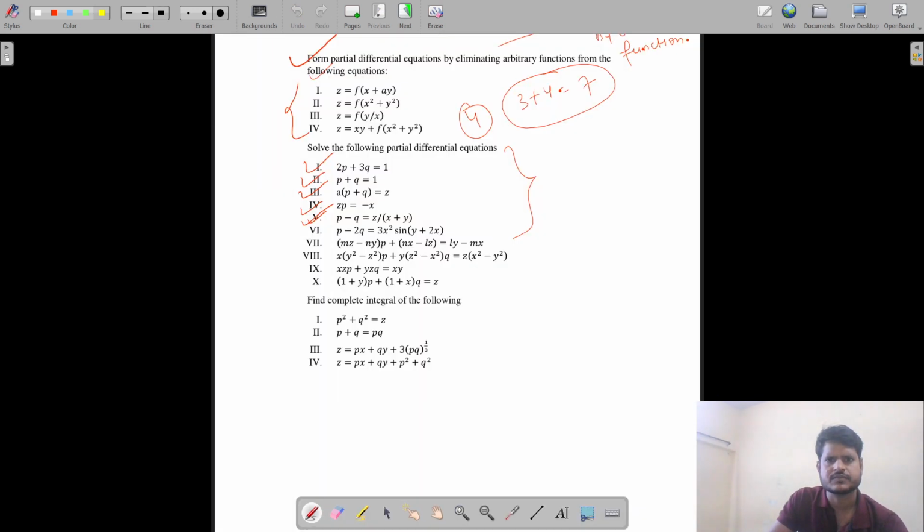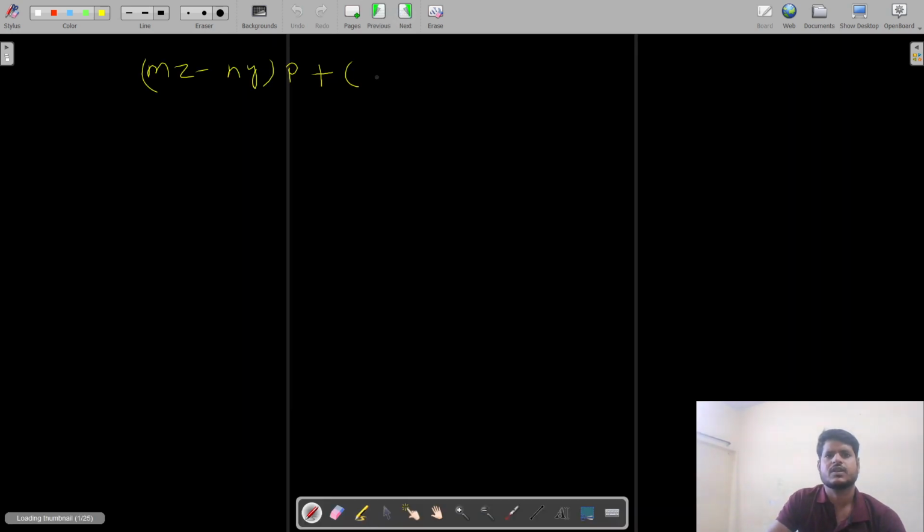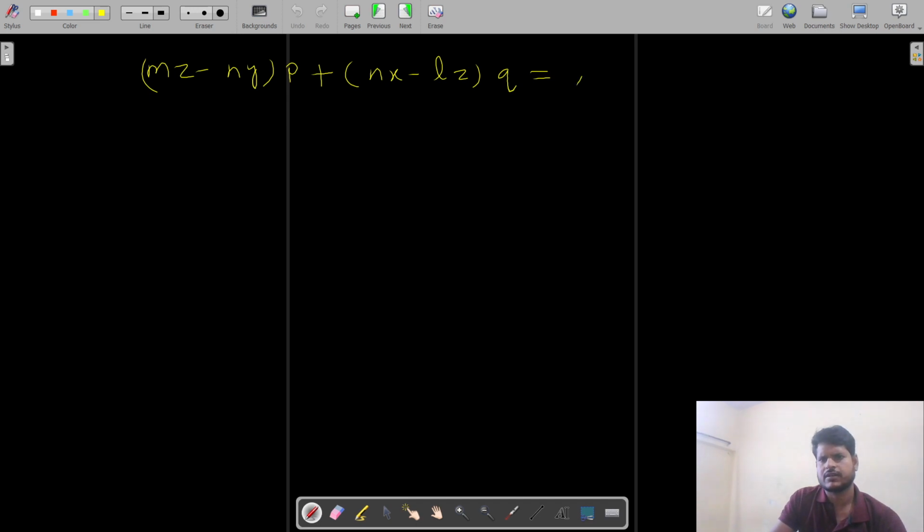That is, we have this problem, right? I am going to solve this problem, that is the 7th: mz minus ny small p plus nx minus lz, I think q is missing here, so put here q, nx minus lz, equals to ly minus mx, right?